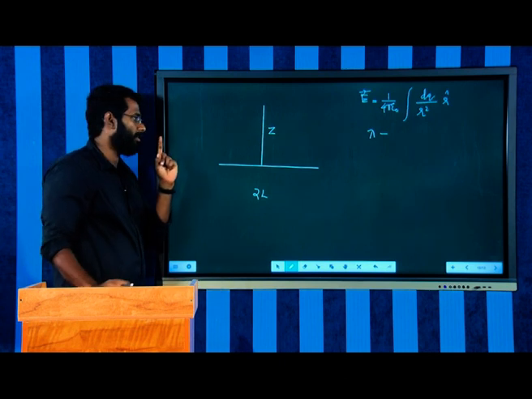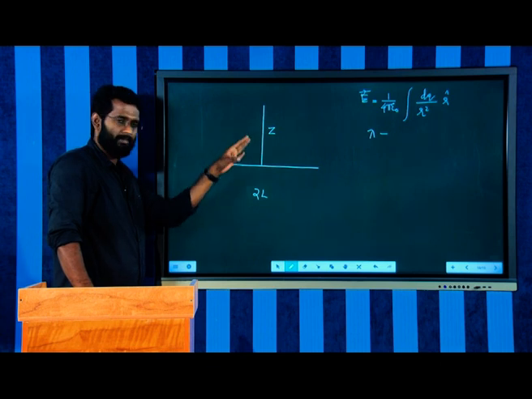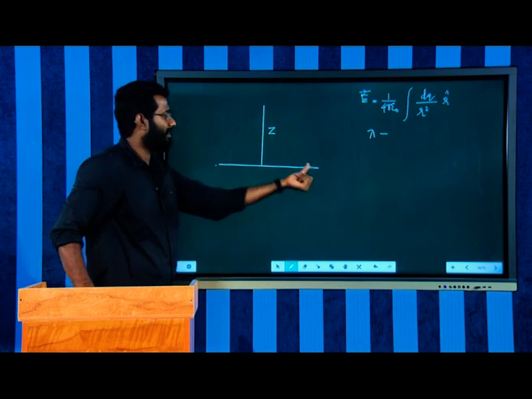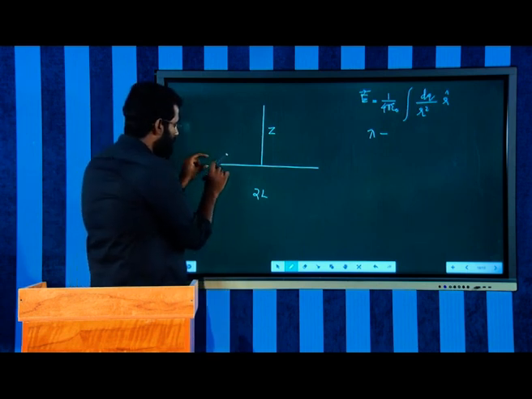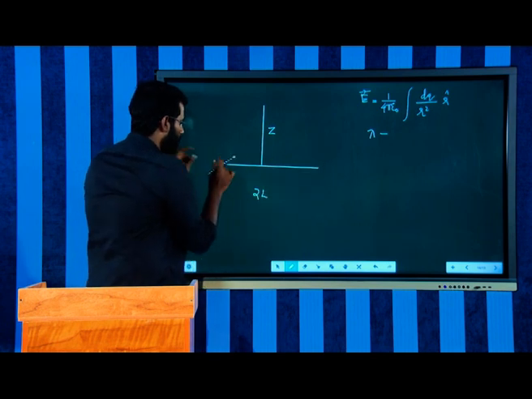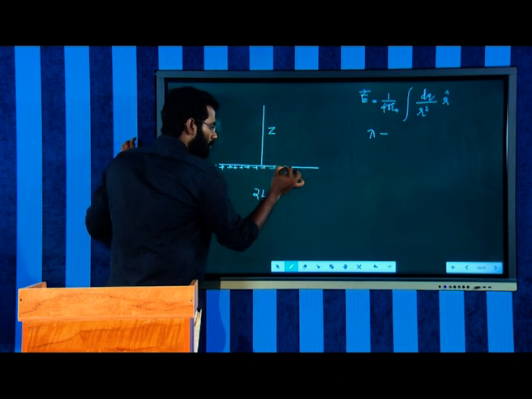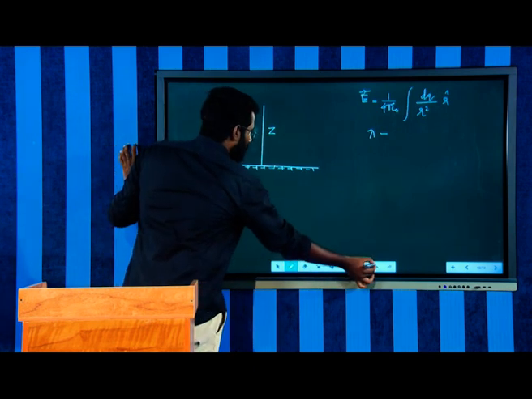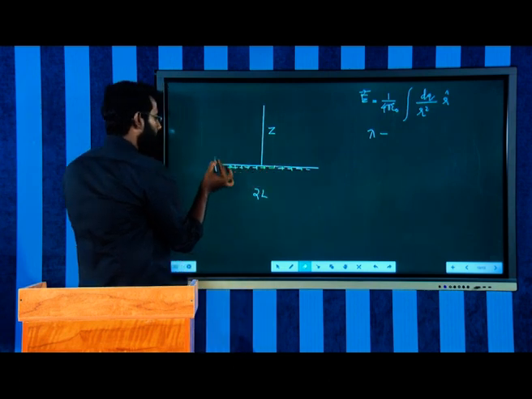Now, the important thing to notice is that in the previous problem in the last class, you had a charge q here and another charge q here, only two discrete charges, but now the charges are distributed continuously over this line completely. That means, here you have positive, here you have positive, and almost everywhere over this line you have this charge. So, in this case let us see how we will calculate the value.